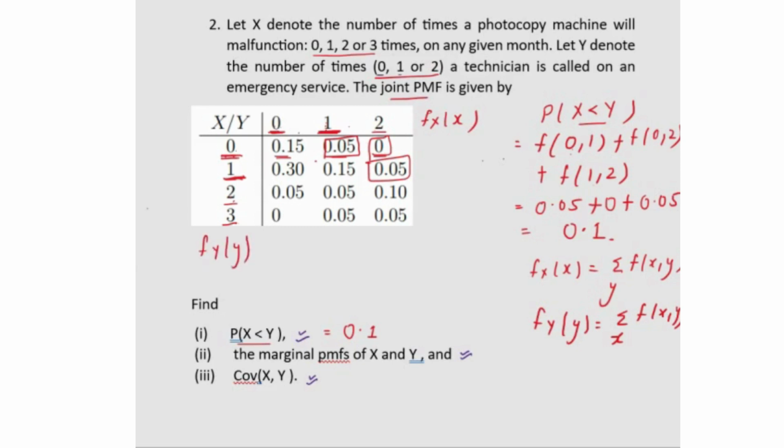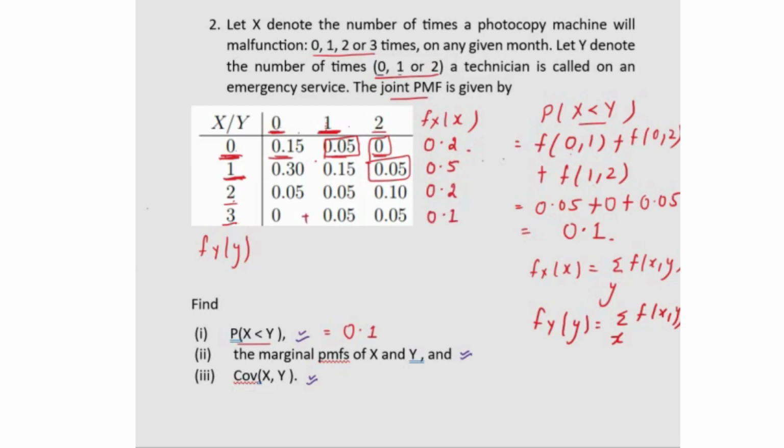So now at x equal to 0, simply sum up these values. So fx at 0 is equal to 0.2. fx at 1, when we add these values, is 0.5. Then we have 0.05, 0.1, this is 0.2 again, and this is 0.1.